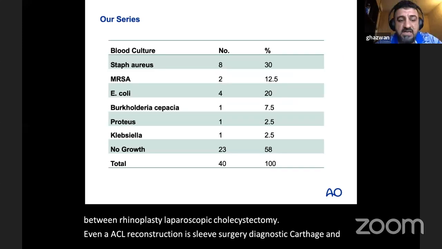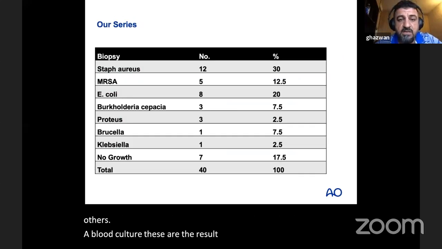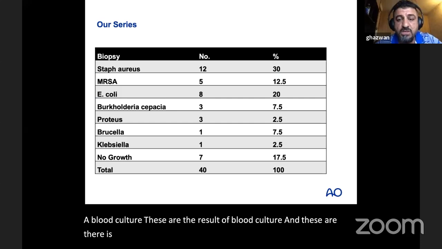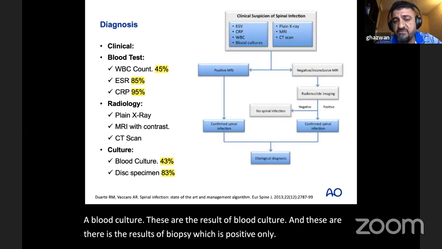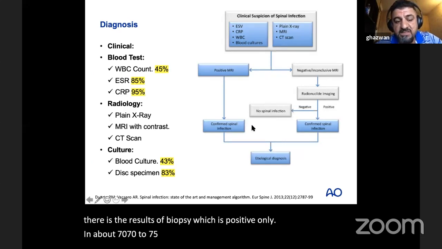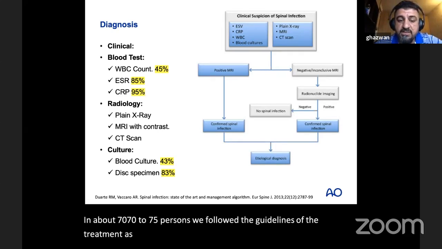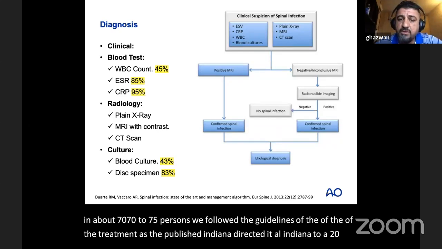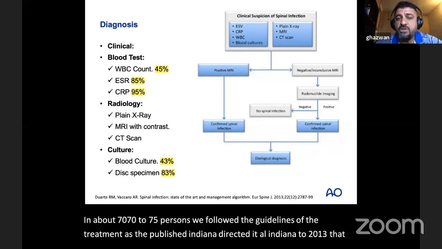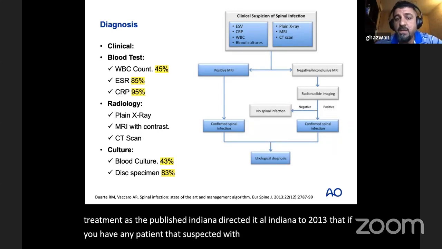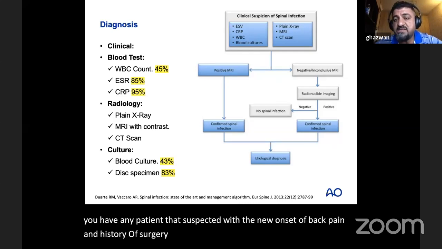These are the results of blood culture, and these are the results of biopsy, which is positive only in about 70 to 75%. We follow the guidelines of treatment as published in Doret et al. in 2013. If we have any patient suspected of new onset back pain with a history of surgery, we start with plain X-ray and MRI.